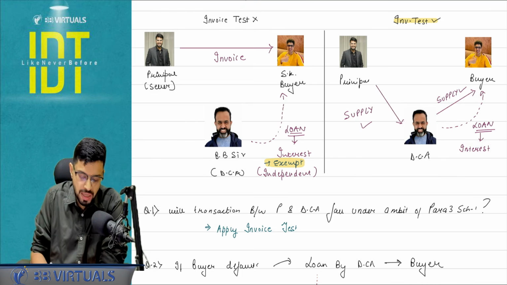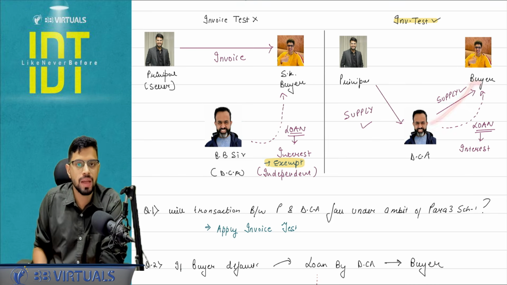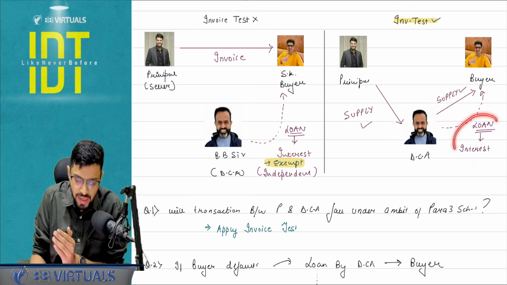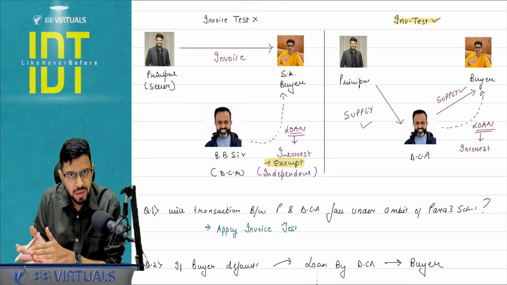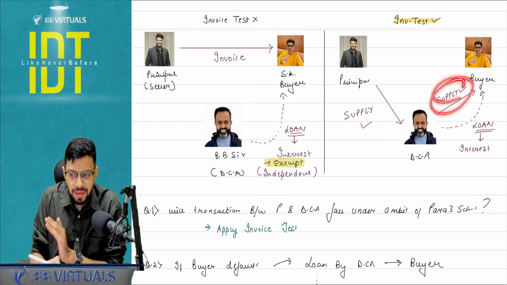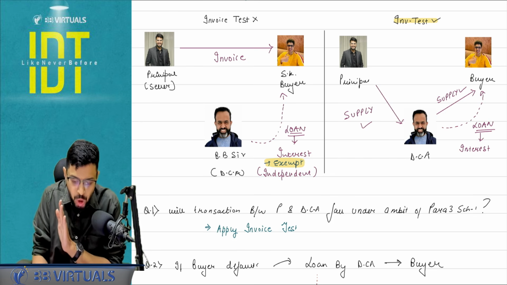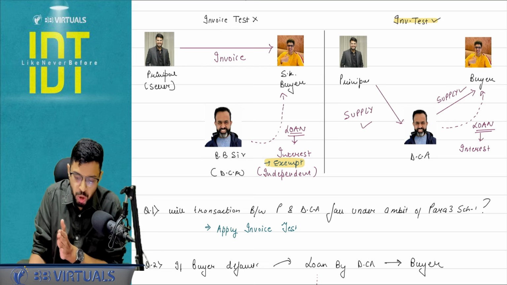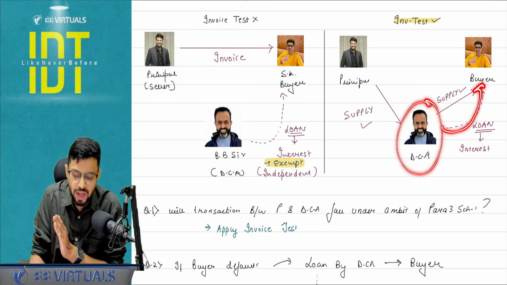In the last case, there was no supply. But here there is a supply by the DCA to the buyer. Do you think you can keep this independent from this supply? I'm not talking about this other supply. That is a separate supply. I'm talking about the supply by the DCA to the buyer, and the same DCA has given a loan to the buyer.